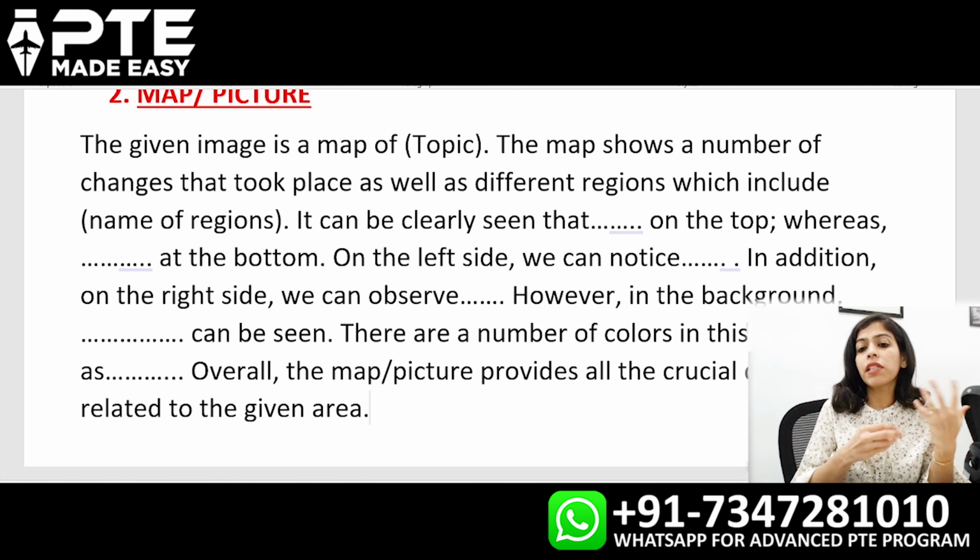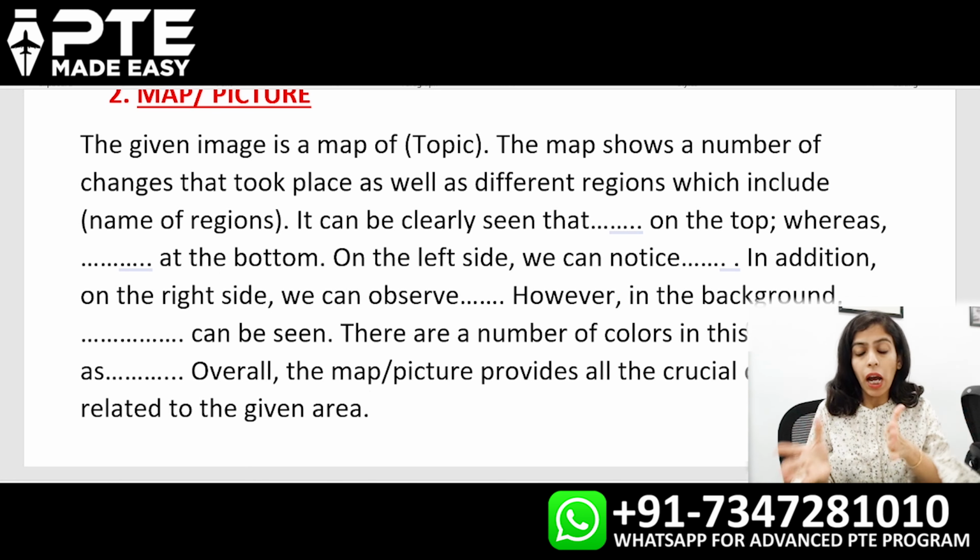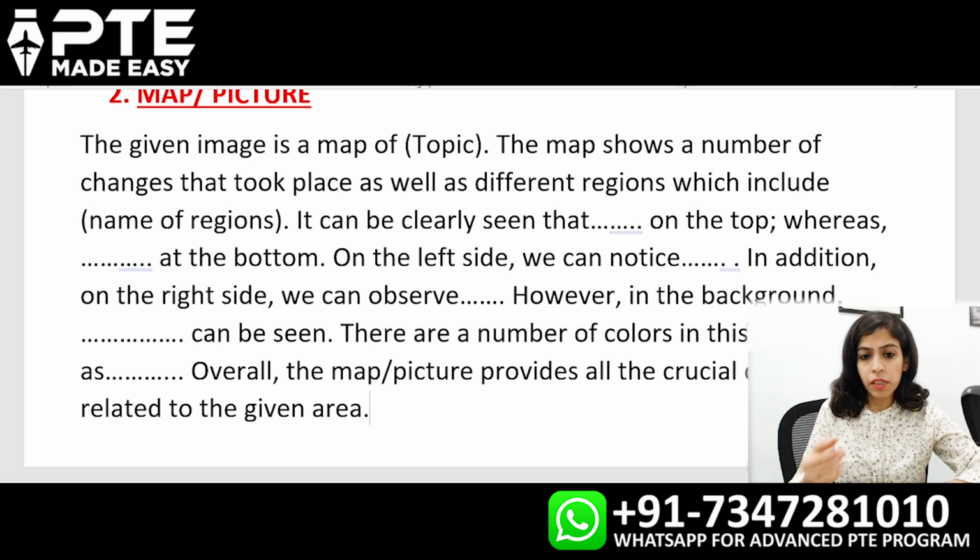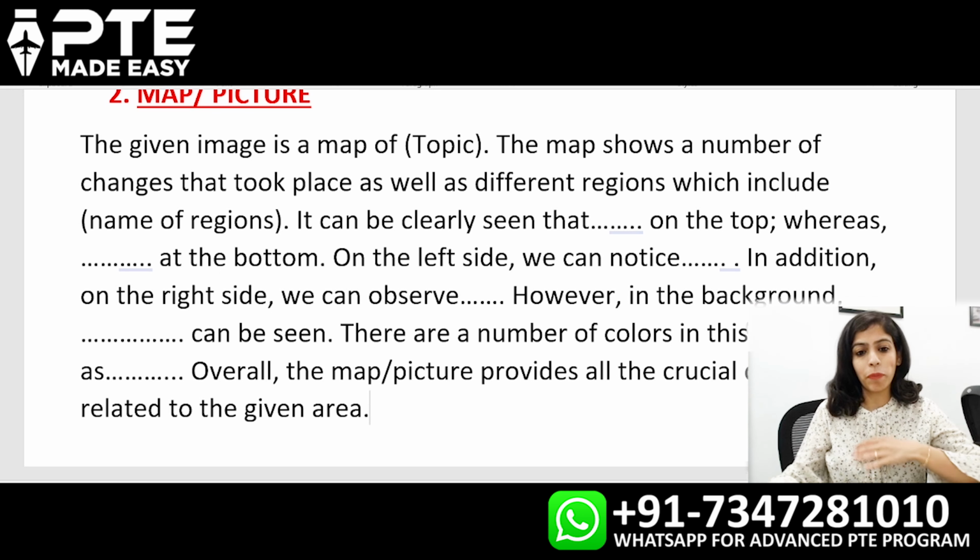So you can say as well as different regions which include, it varies from map to map. I'll show you the solved answer just after the completion of this template part, and then you'll get to know how to paraphrase or how to modify this particular template a little bit as per the demand of the question as well. So stay tuned until the end of the video in order to get 100% benefit out of this video.